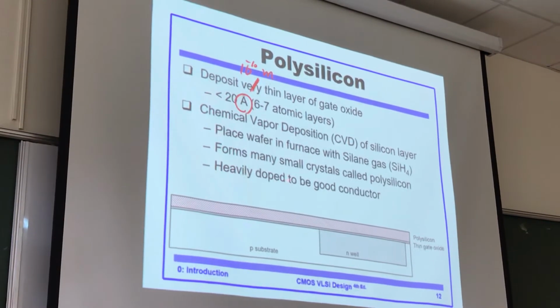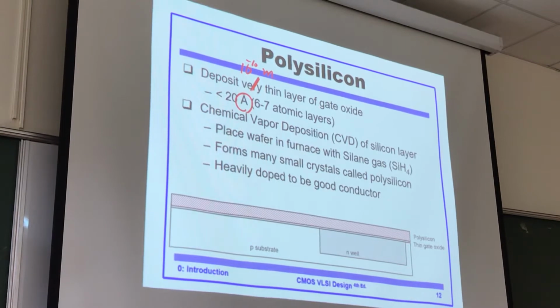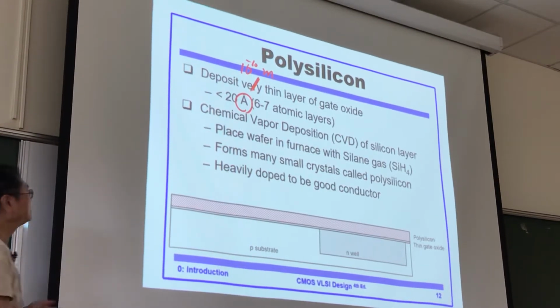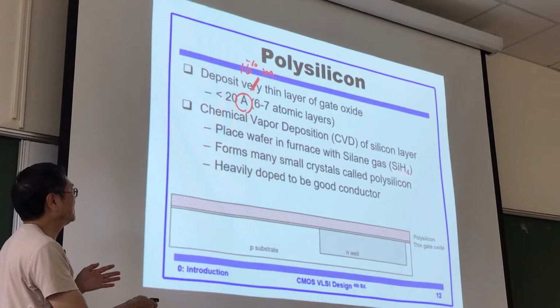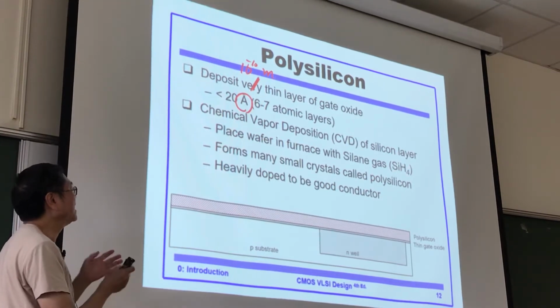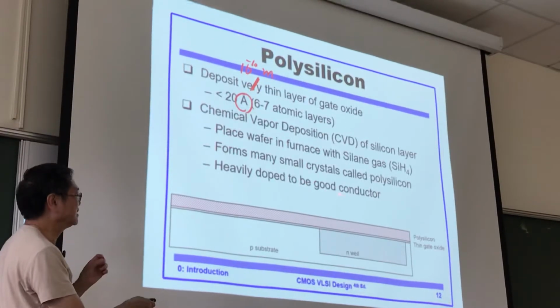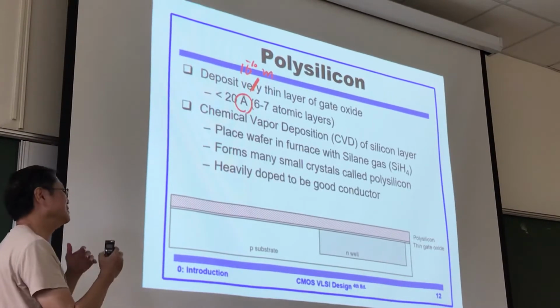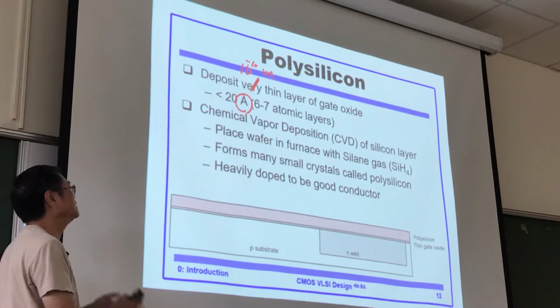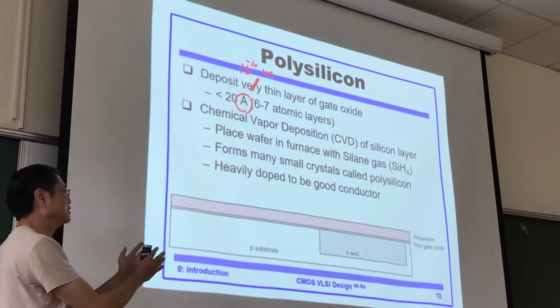With heavy doping, it becomes a good conductor. If the doping density is high enough, you get heavy doping there, and that's going to be a good conductor. Maybe not as good as metal, but still a good conductor.